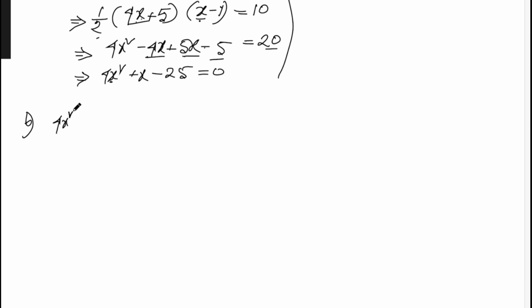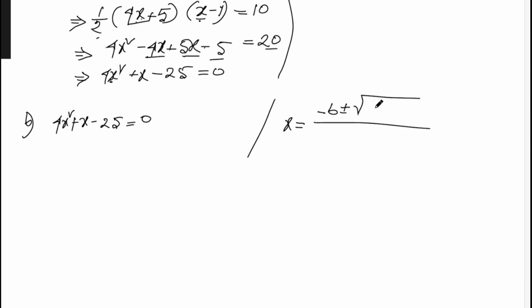So we have 4x square plus x minus 25 is equal to 0. So as before, from the quadratic formula we can write x is equal to minus b plus minus square root of b square minus 4ac over 2a, where a is equal to 4, b is equal to 1, and c is equal to minus 25.